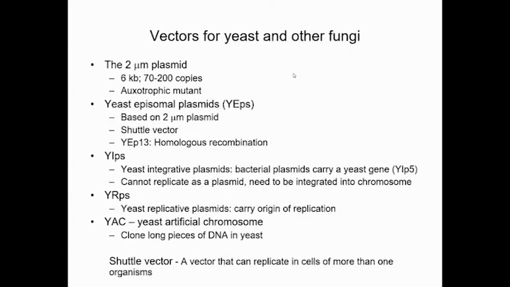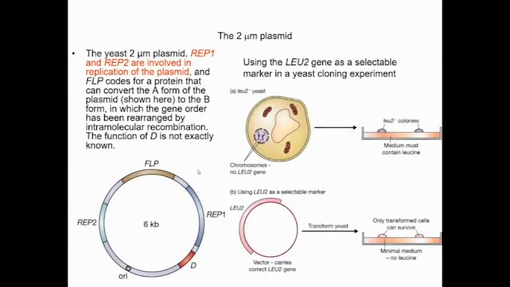For yeast and fungi, we have the 2 micron plasmid, 6 kilobase long, 70 to 200 copies, and also auxotrophic mutant, which we will explain in the next slide.